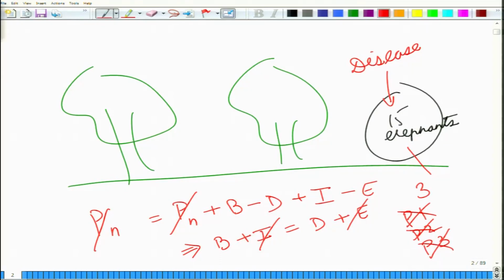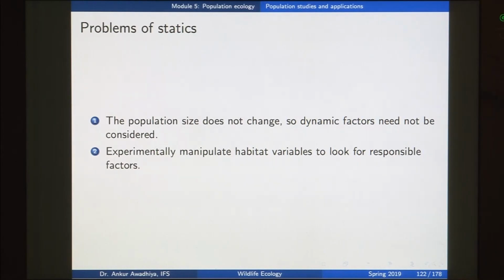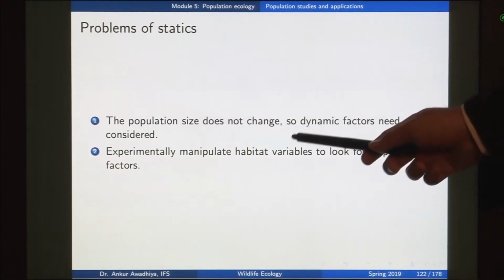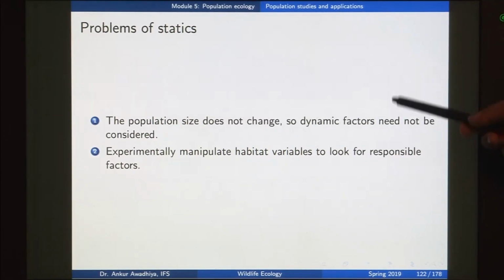So in that case you can say that this parasite P3 was responsible for keeping this population static at this number of 15 elephants. So again, in the case of a static problem, the population size is not changing, so dynamic factors do not have to be considered. So you are saying that Pn plus 1 is equal to Pn, or essentially births minus deaths plus immigration minus emigration is equal to 0.